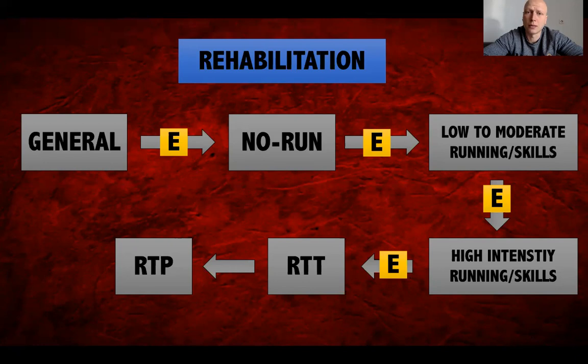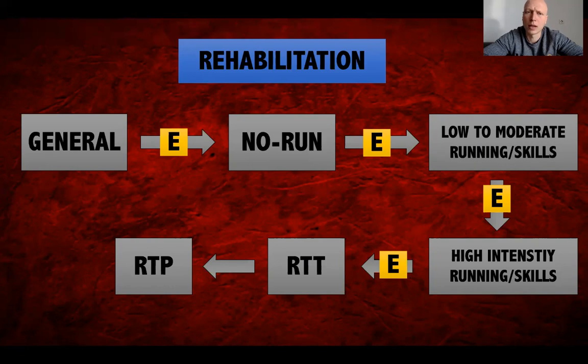So basically, if we look at the rehabilitation after a hamstring tear, like a partial rupture of hamstrings, we would have some general phase where probably the site of injury would be avoided. So maybe upper body work, a lot of core stuff that doesn't have impact on hamstrings activation and so on.